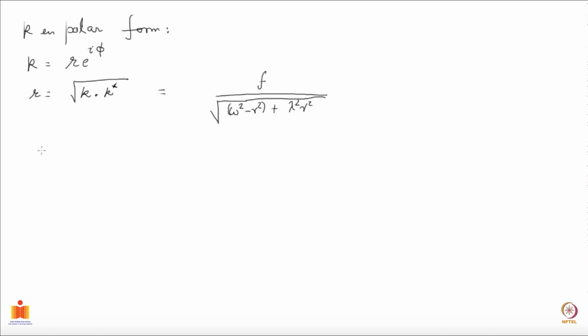And what will be the phase phi? If you take tan phi, you will get lambda gamma over gamma square minus omega square. That's good.